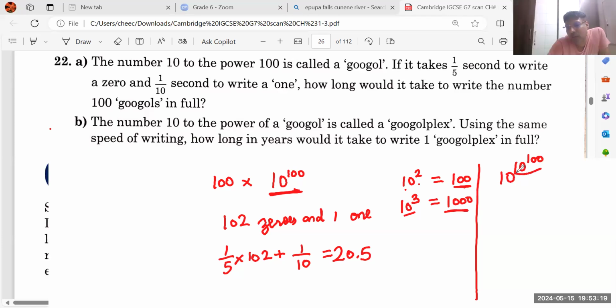So first of all, how many zeros will 10 to the power 100 have? 100. So 10 to the power 100 will have 100 zeros.